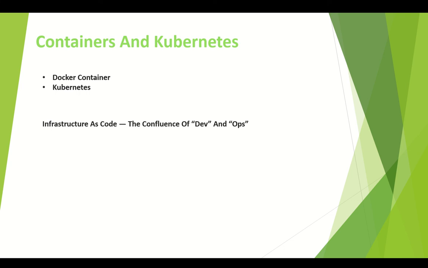But in containers, it's not like that. They will share the same operating system with other containers, and containers don't require their own operating system, so they will just share the operating system kernel, and due to this, the memory consumption for a separate operating system will be reduced. So that is the advantage, and they are similar to traditional virtual machines.